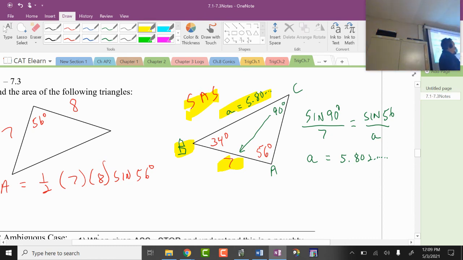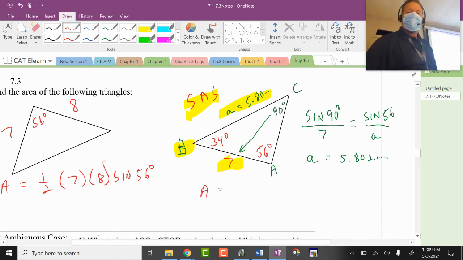So once I decided to find side A as step 1, now I must use angle B and 7, because that's SAS, and that's the only way these area formulas work. So 1/2 times 7 times, keeping this all the way out, maybe saved on your calculator, and then sine 34.